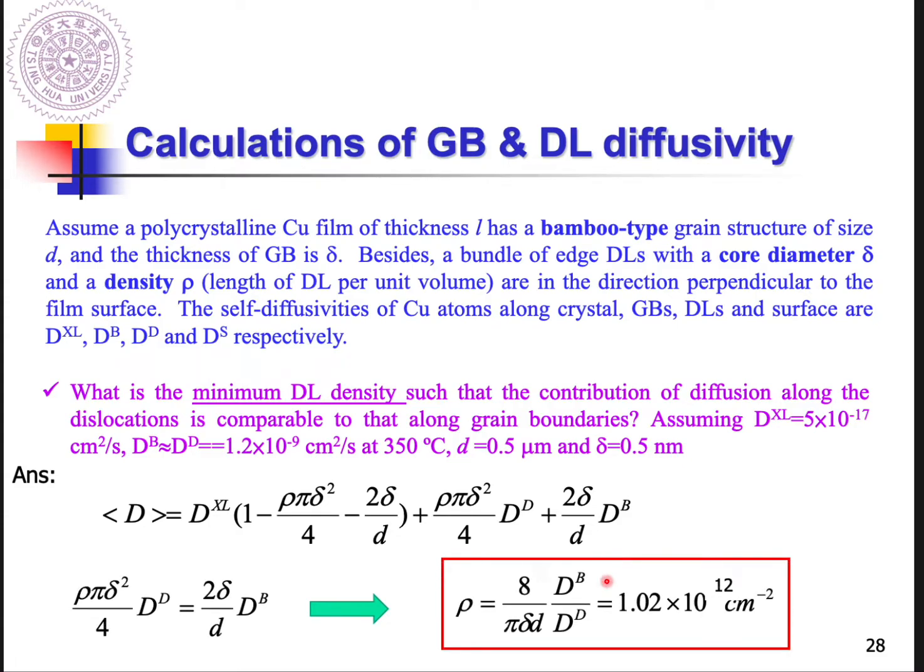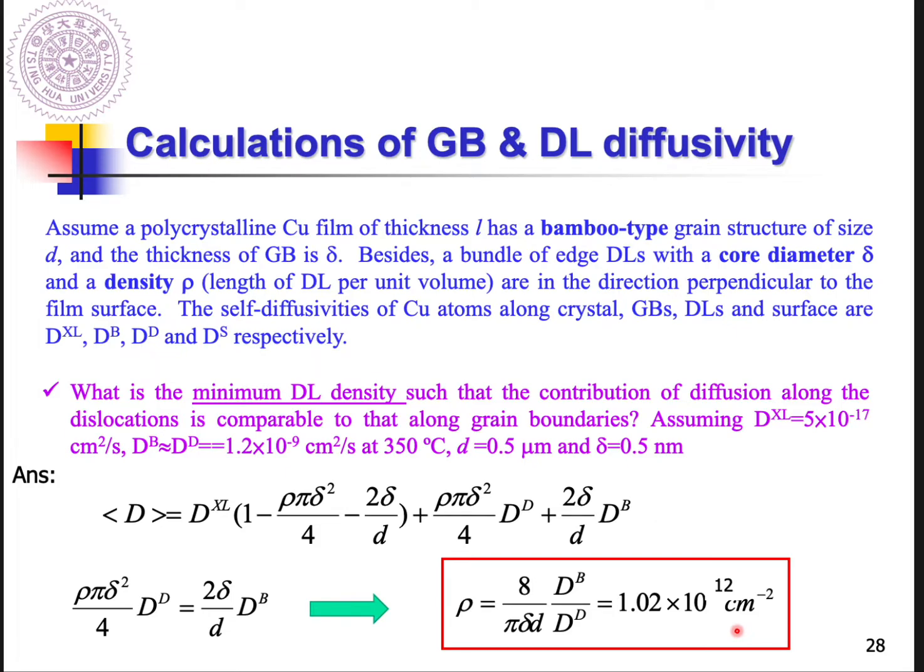And then you will get rho. Just move the other parameters to the right-hand side, and you input all the parameters, then you get the result here. So the result rho will be around 10 to the 12 per unit area, per centimeter squared.